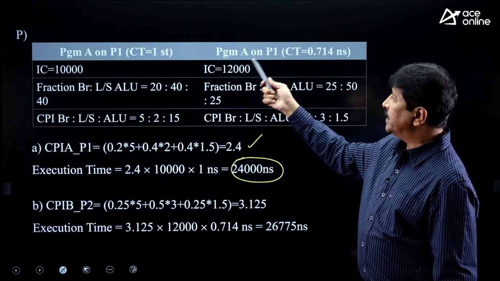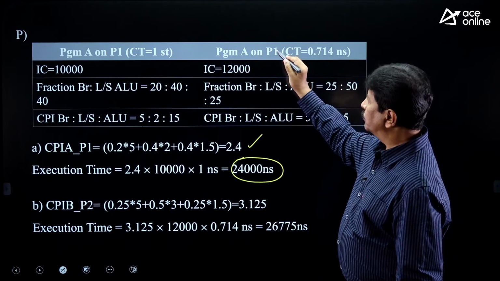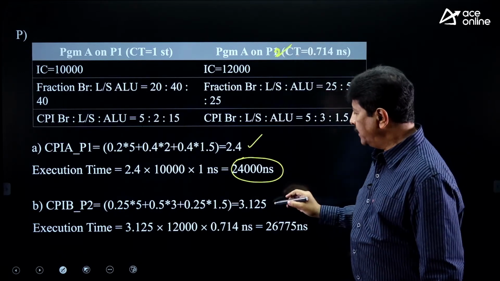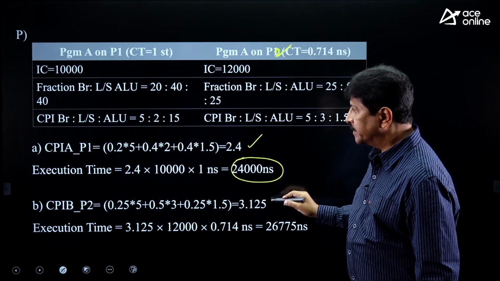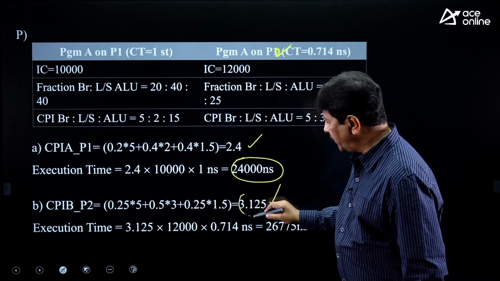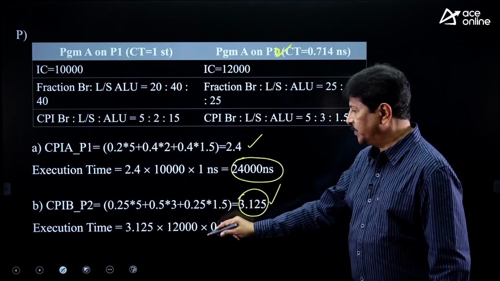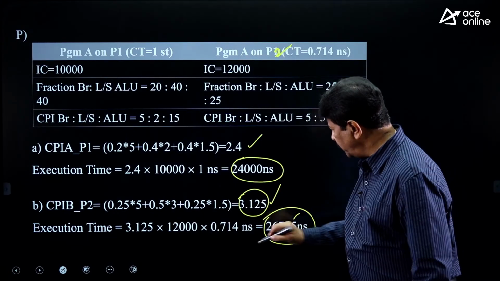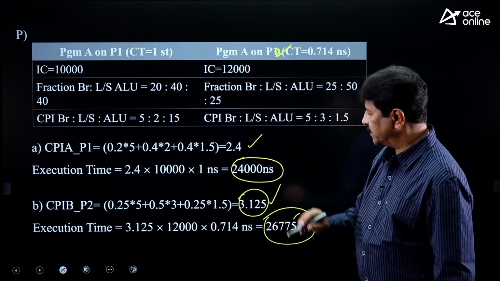Next, the same program is executed on processor number 2. Then again, calculate the cycles per instruction, the CPI value. It came as 3.125. And then substitute into the formula, it is going to come this way. This is 26.775 microseconds.